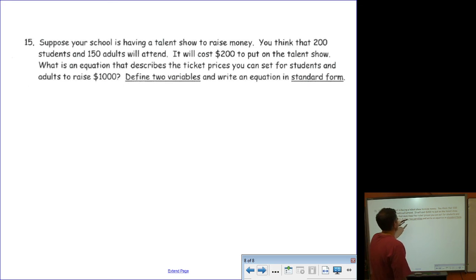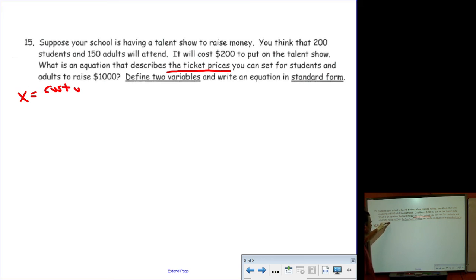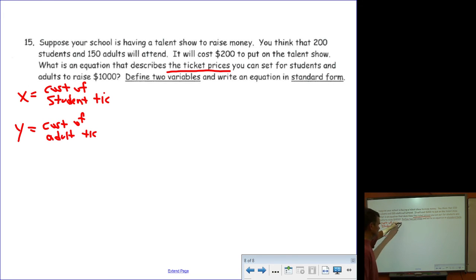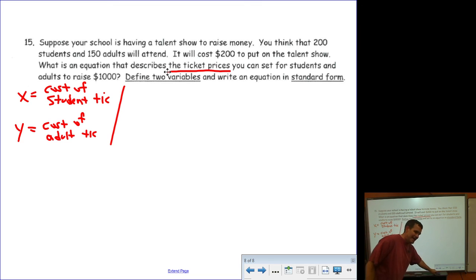I want to describe the ticket prices. So I need my variables to represent the ticket prices. X might be the cost of a student ticket, and Y might be the cost of an adult ticket. And now I think I'm ready to write my equation.